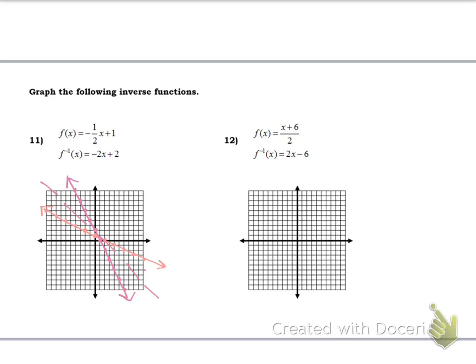Okay, my next one here, let's go ahead and simplify this. So it's going to be x over 2 plus 3. So I start them at 3, and I go up 1 to the right 2, or down 1 to the left 2.